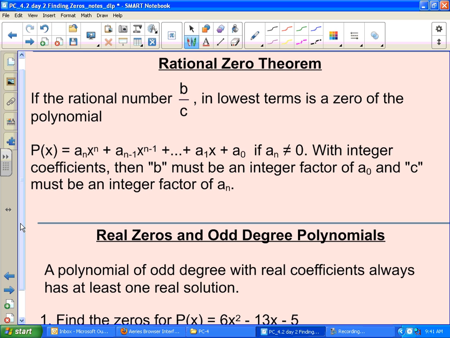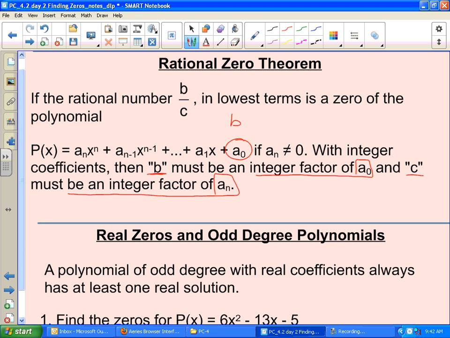So the B and the C thing: B is the integer factor of the constant. So B's are going to be the factors of that guy. And then C is the integer factors of my initial leading term.